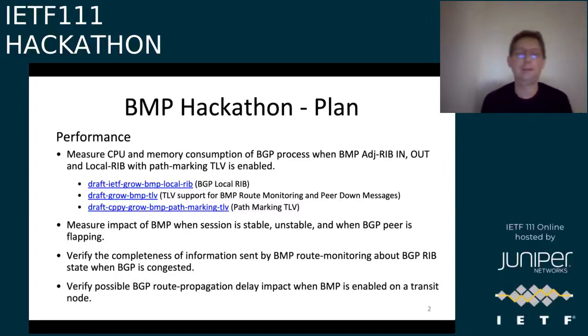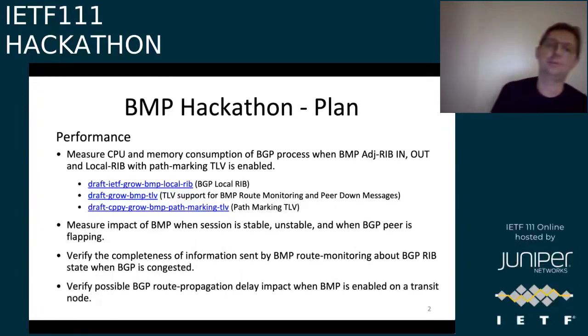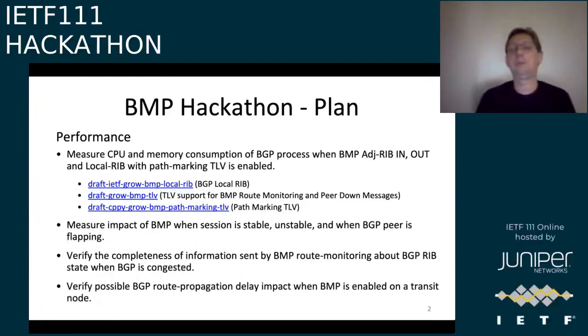We were testing if there is a difference when the BMP session towards the collector is stable, unstable, and also if it makes a difference if the peers are flapping or not. And also we were curious about the BMP route monitoring messages, if we can actually measure the delay across the BGP propagation, and if it's always ensured that we have the complete view of the BGP RIB state.